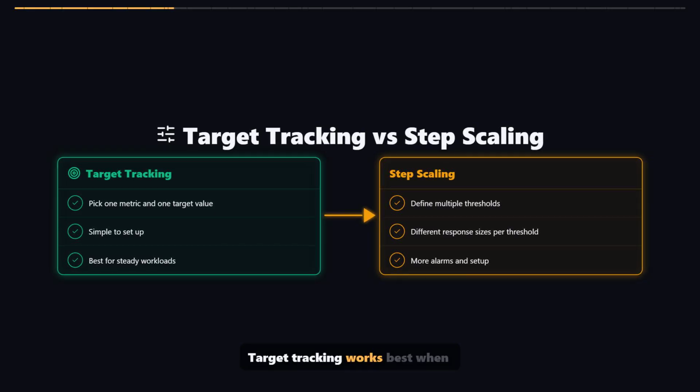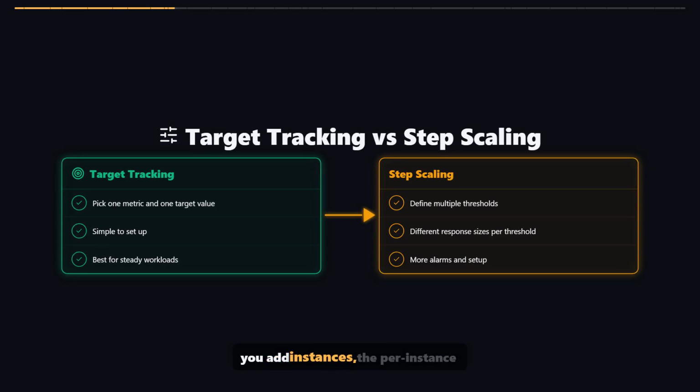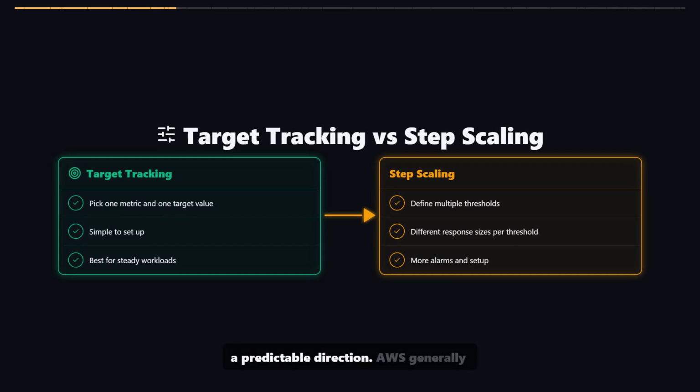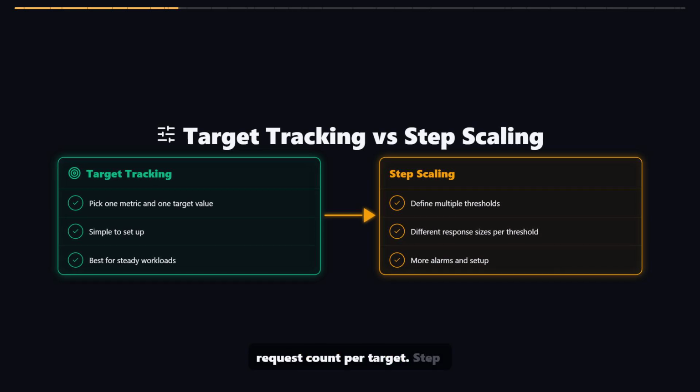Target tracking works best when the metric behaves proportionally. As you add instances, the per-instance utilization or throughput moves in a predictable direction. AWS generally recommends it for metrics such as average CPU utilization or request count per target.